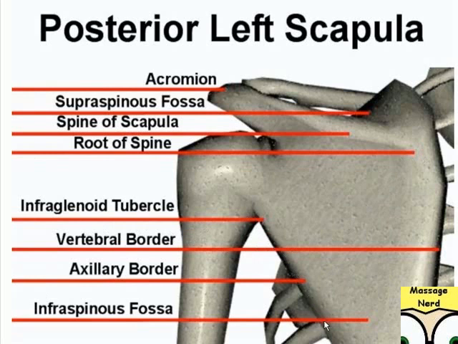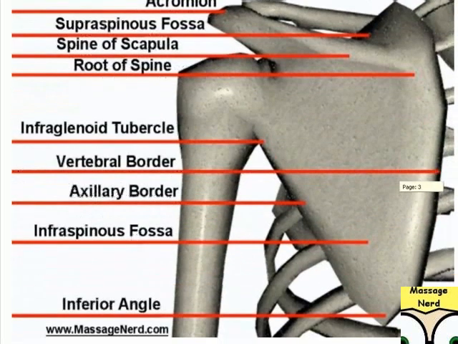Vertebral border, over here. Axillary border, right in here. Infraspinatus fossa, in this region. Inferior angle of the scapula, lower portion here. Now I'll give you some time. You can practice on your own.